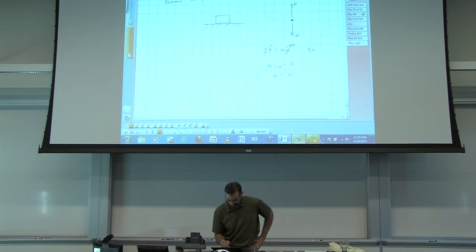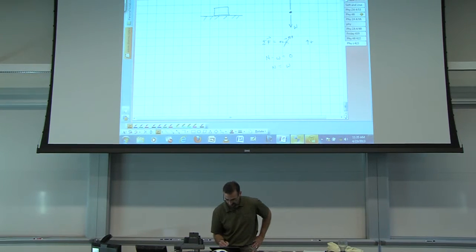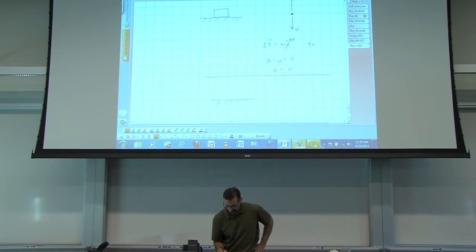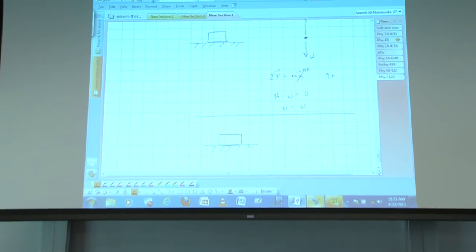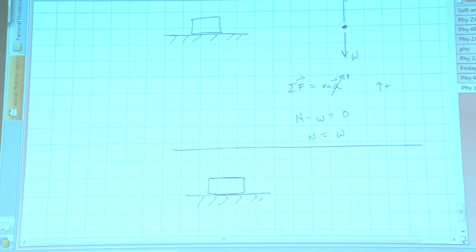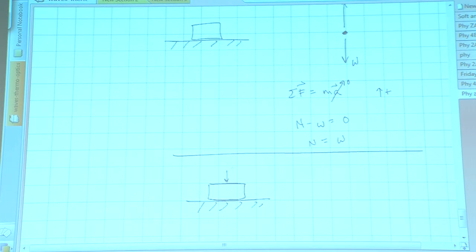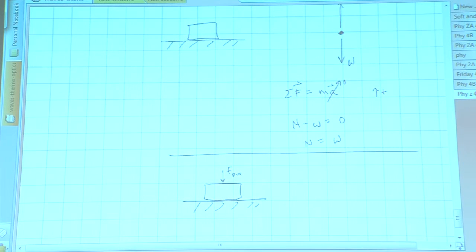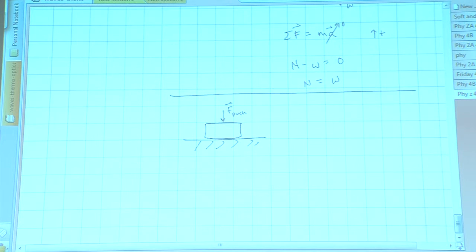Now, I'm going to push down on the book. Here's our book. And what should we do? Should we push down on it with some force? I'll just lean on it a little bit. Okay? I'm going to lean on the book a little bit. So draw a free body diagram for the book.